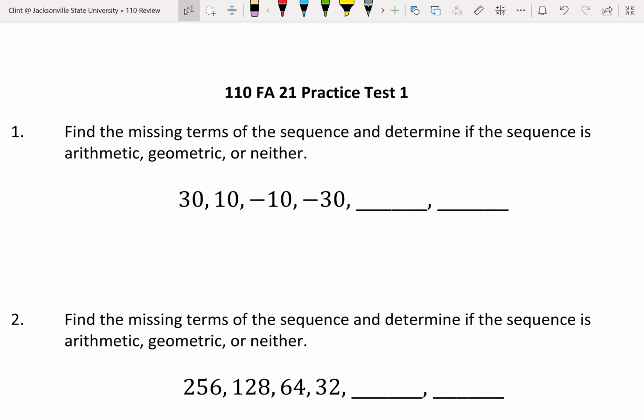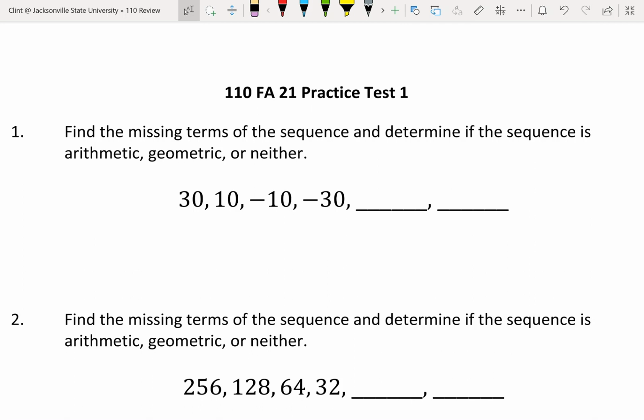Number one, we've got a sequence. It tells us to figure out the missing numbers and then decide if it's one of our special ones, if it's arithmetic or geometric. What are you thinking on either the next numbers or what kind of rule we're using? Yeah, looks like we're subtracting 20.